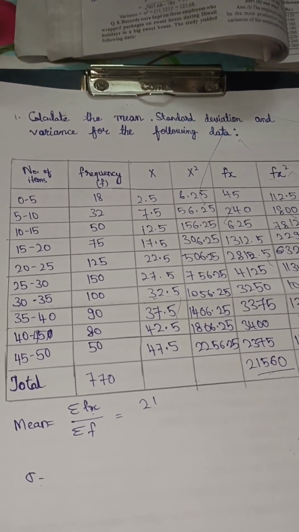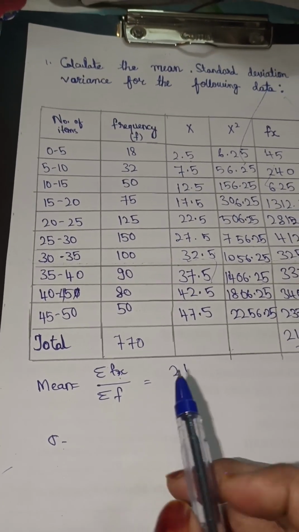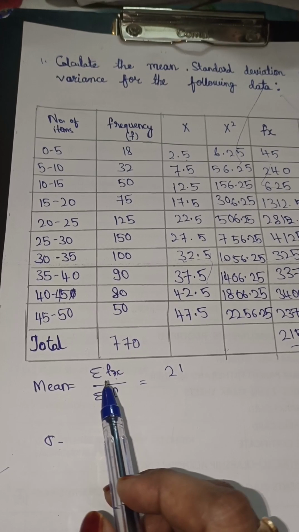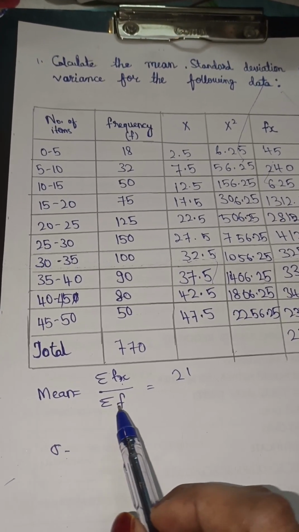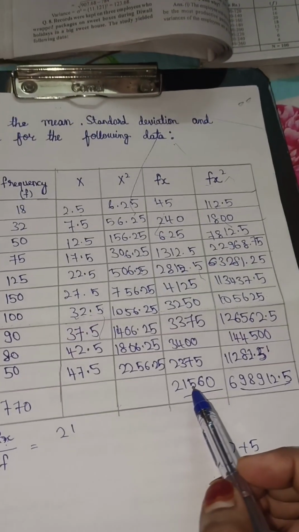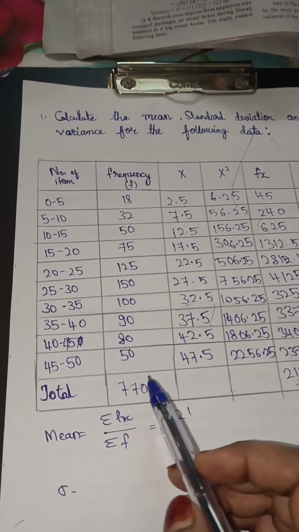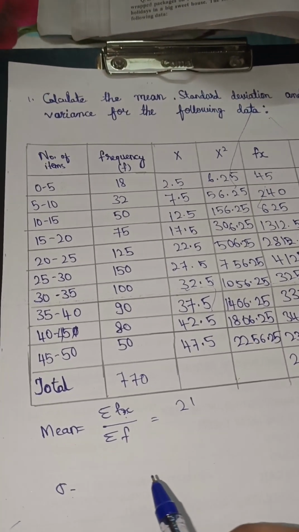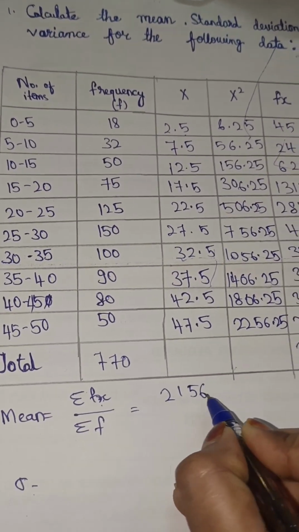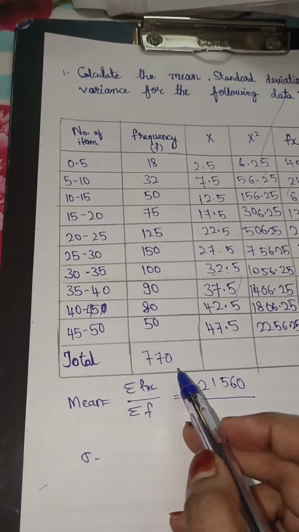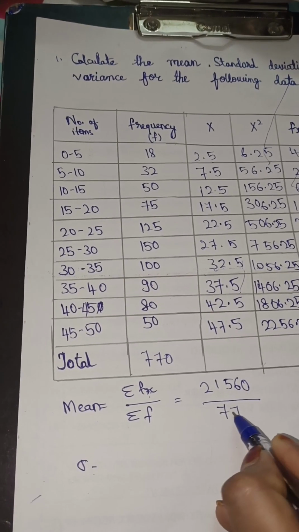So first thing that we need to find out is the mean. So the formula for mean is sigma fx divided by sigma f. So sigma here is nothing but a Greek term that is actually summation. So sigma fx divided by sigma f. So sigma fx here is 21,560 and sigma f is nothing but the total of frequency, which will be 770.